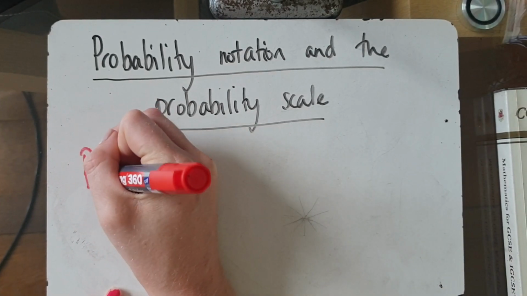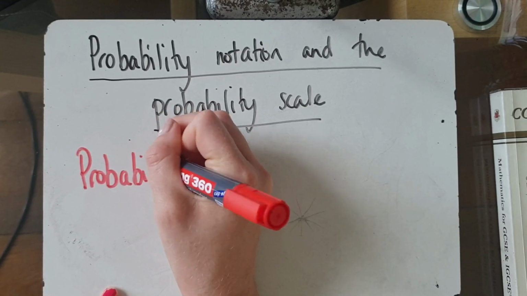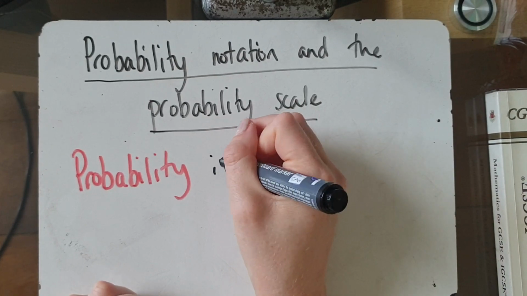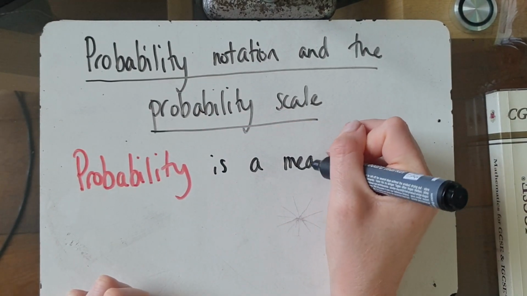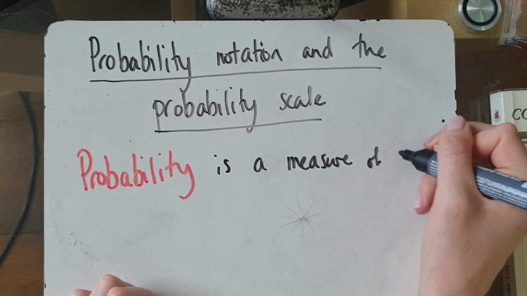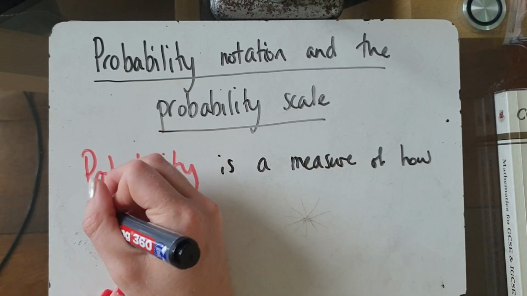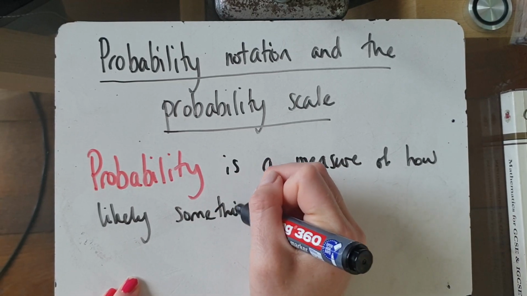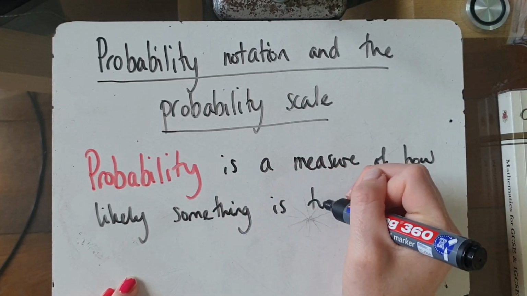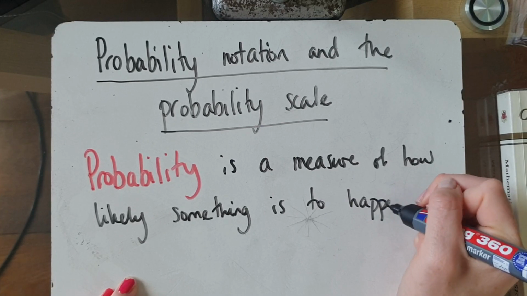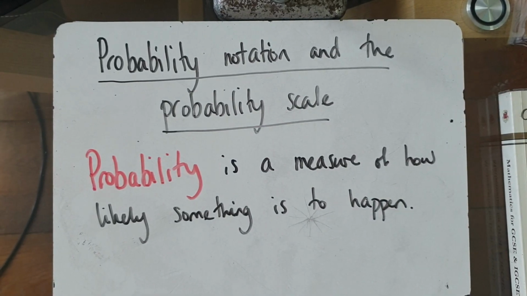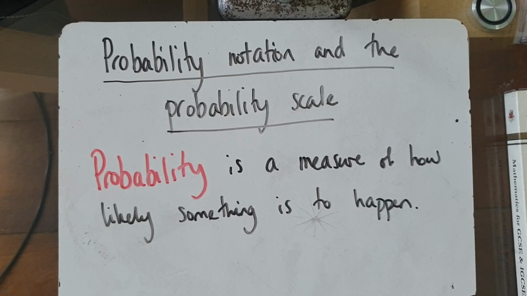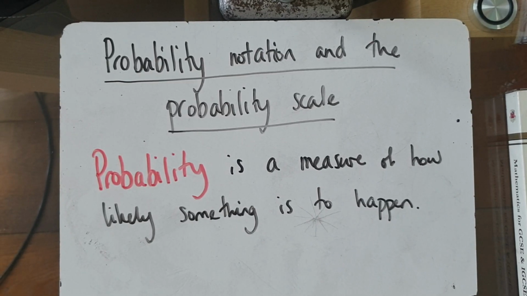So probability is a measure of how likely something is to happen. So probability is a measure of how likely something is to happen, and we measure it on a probability scale.